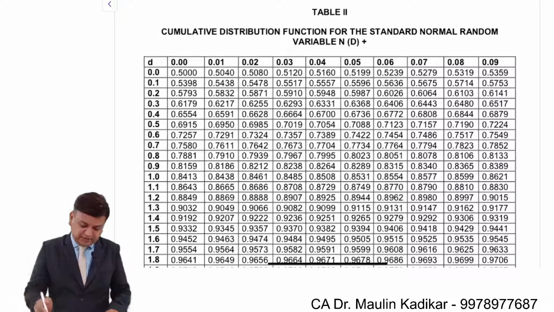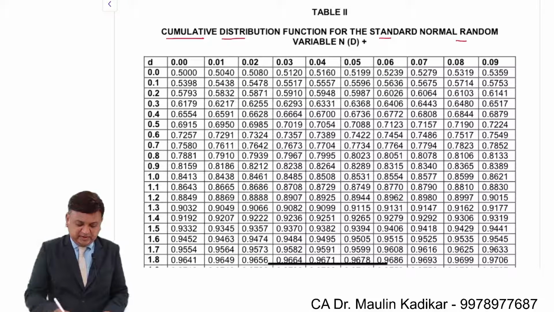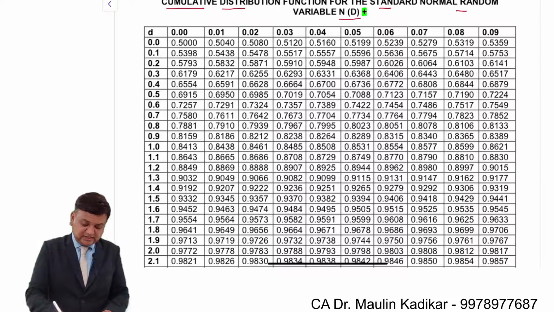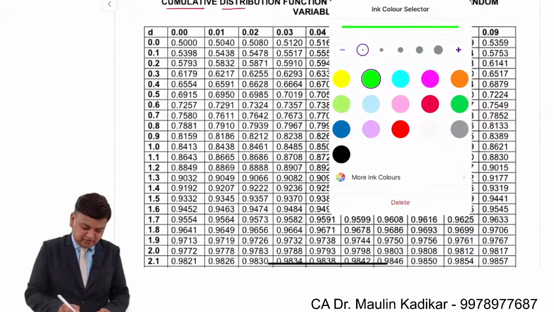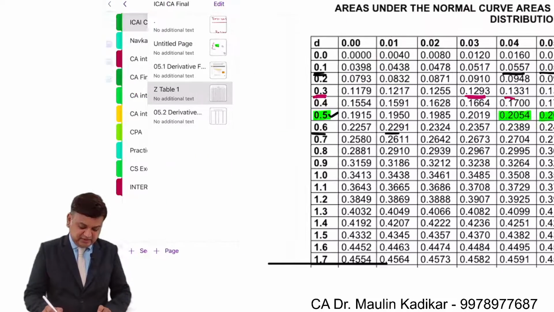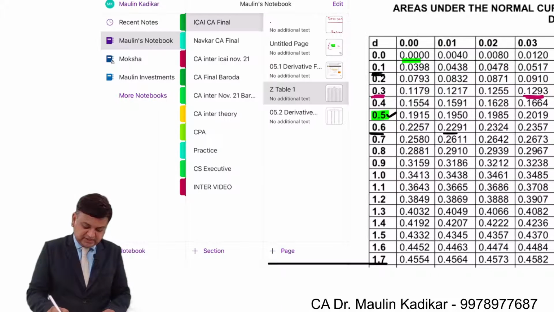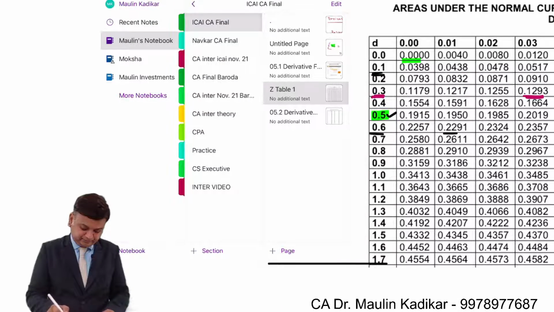Now understand carefully, we may be provided with values like this. Cumulative distribution function for the standard normal random variable ND plus, like that, so the values are provided, and this table will start with 0.50. Generally we know that it starts from 0. The reading that we have done so far, in that it starts from 0. But over here, it starts with 0.50.